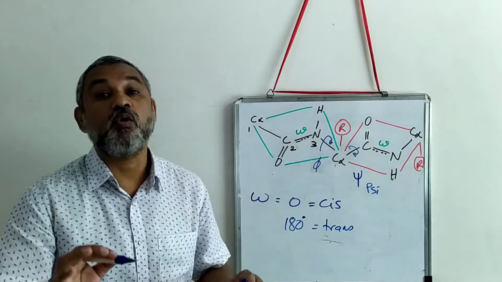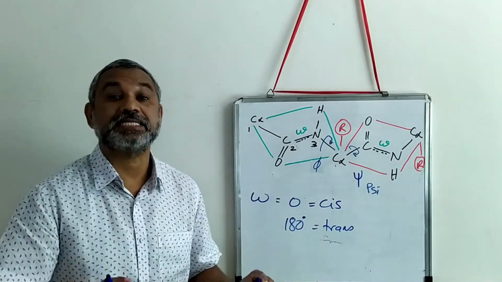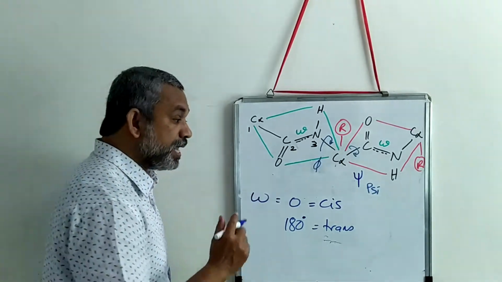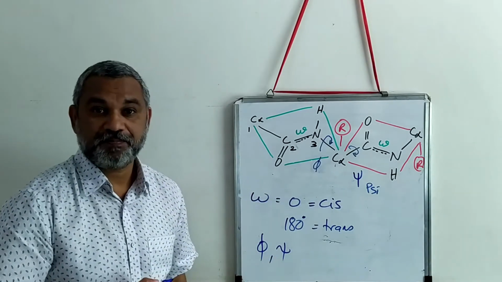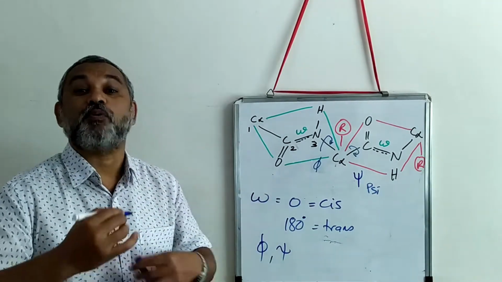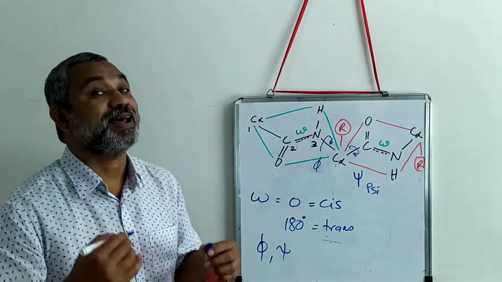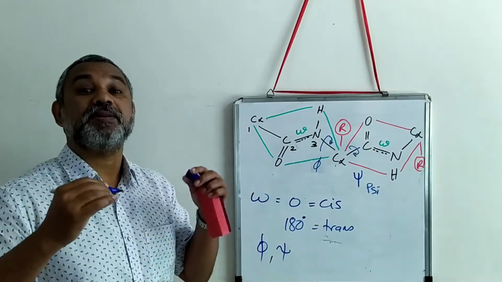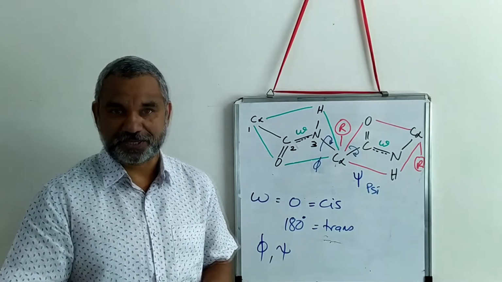But both these bonds are fixed. You cannot rotate them because of the partial double bond character. Whereas in the case of the phi as well as psi bond, there is a possibility of rotating from 0 to 180 degrees. So this aspect we will be using in order to understand a Ramachandran plot.